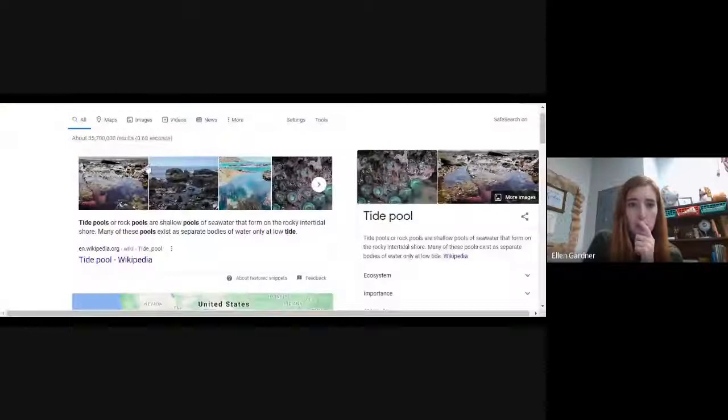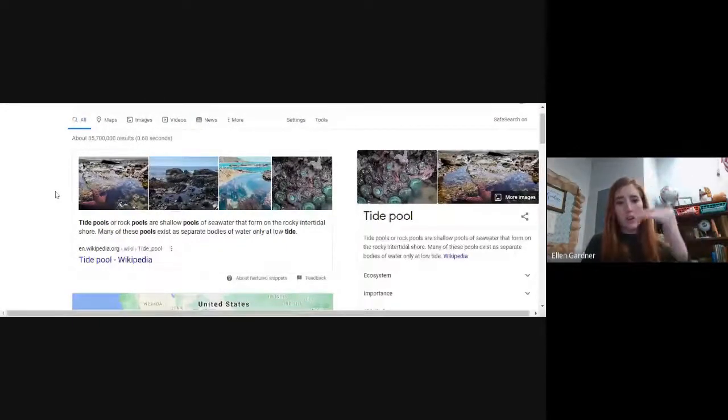So let's take a look at tide pools, since we're just talking about that. So yeah, it's low tide when you're able to see these tide pools. If you ever have gone to the ocean before, hopefully you get a chance to see tide pools.